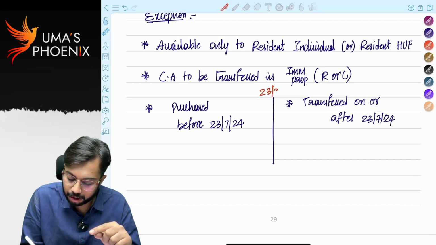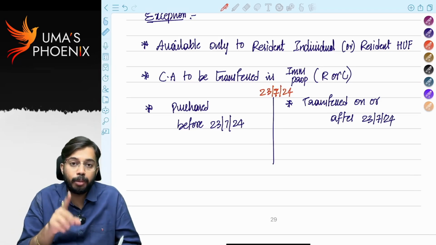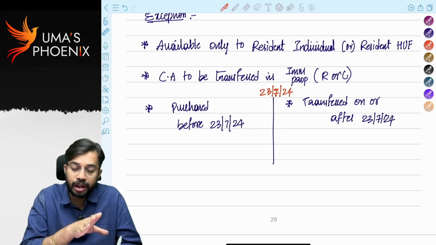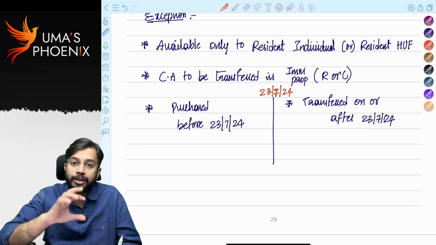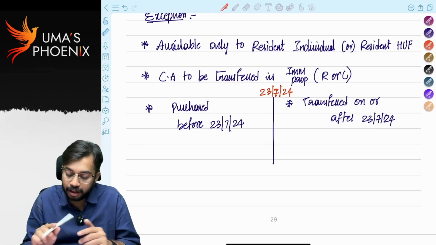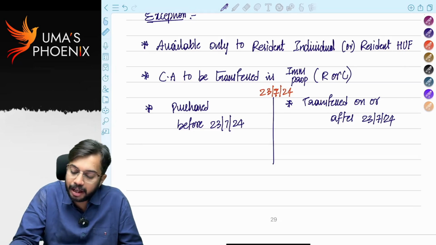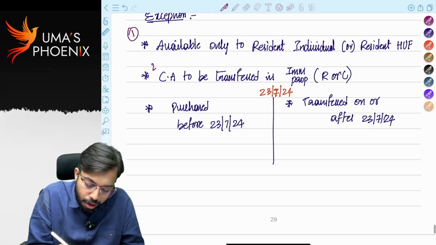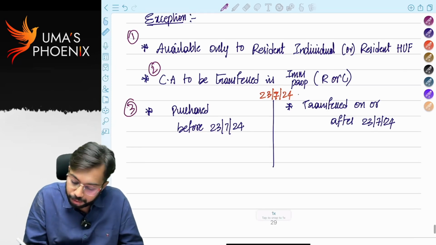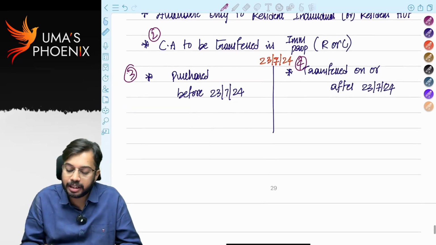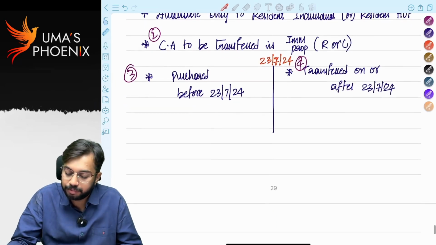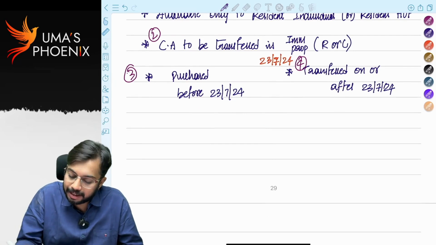That means you should purchase the immovable property before 23rd July 24 and that immovable property should be transferred on or after 23rd July 24. So in total how many conditions? 1, 2, 3, 4. If all these 4 conditions are satisfied, you will calculate capital gains, right?